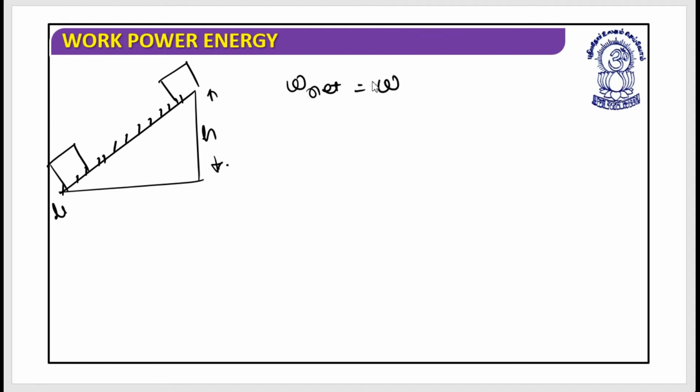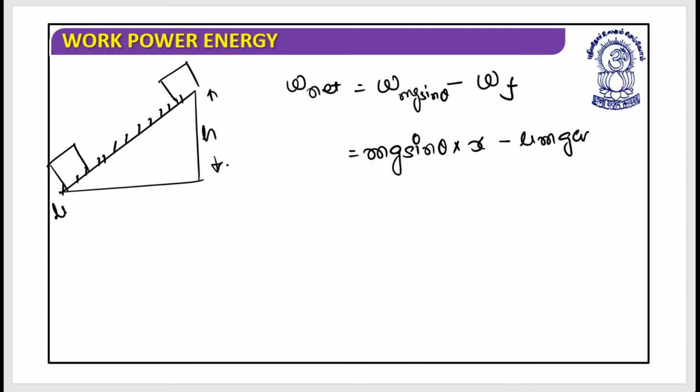Net work done would be work done due to mg sin theta minus work done due to friction. So this is mg sin theta into x minus mu mg cos theta into x.